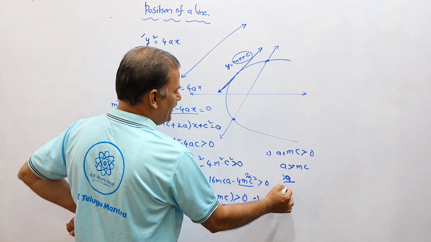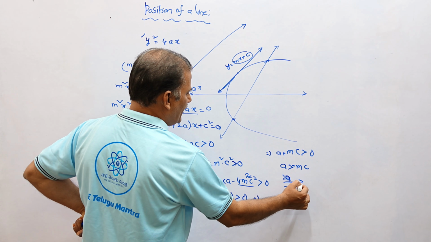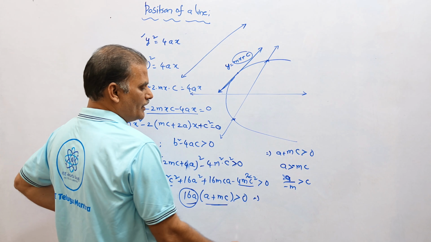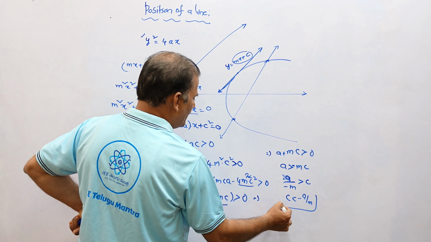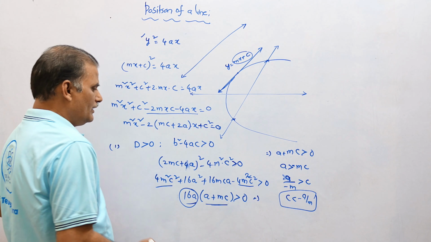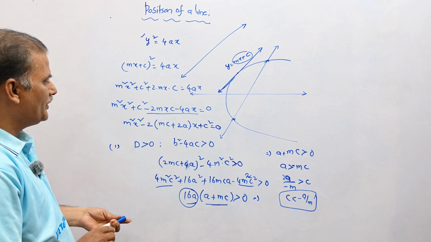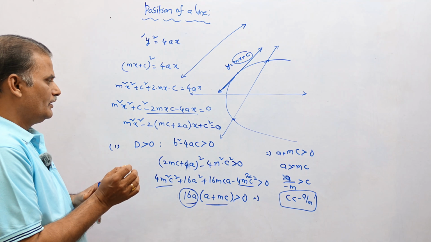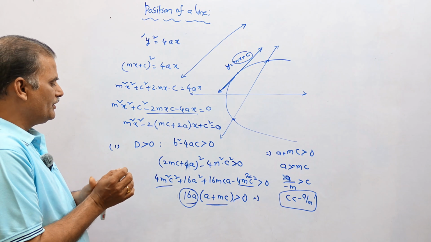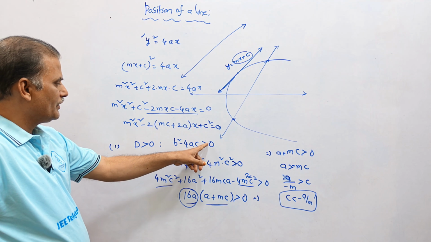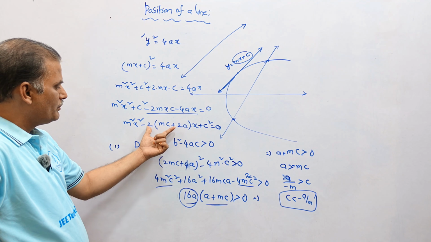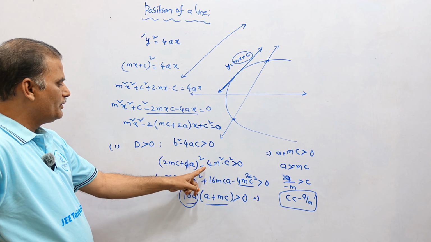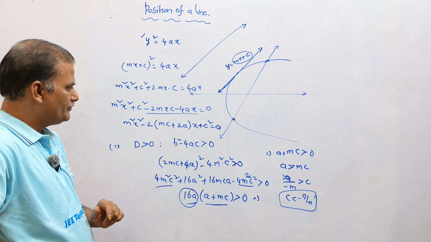Now a by minus m greater than c, that is c less than minus a by m. This is the condition when the discriminant is greater than 0, that is b square minus 4ac greater than 0. Here b square is equal to (minus 2mc plus 4a) whole square minus 4 into a into c.